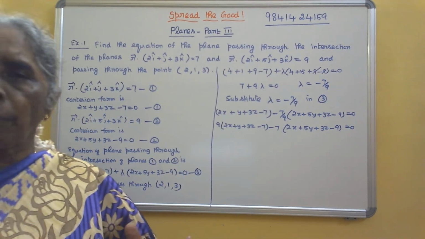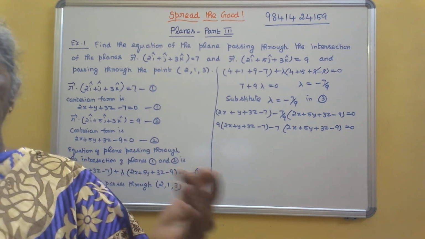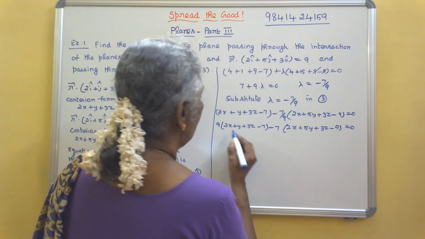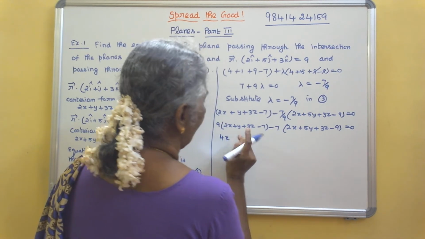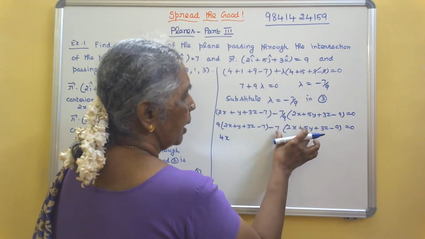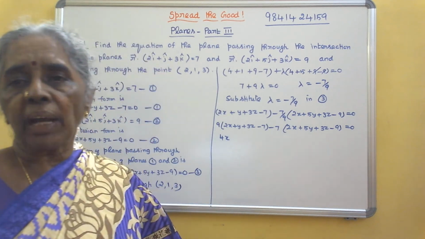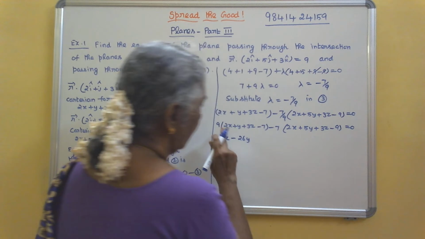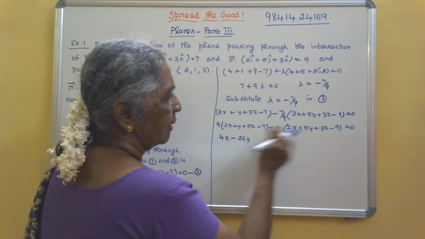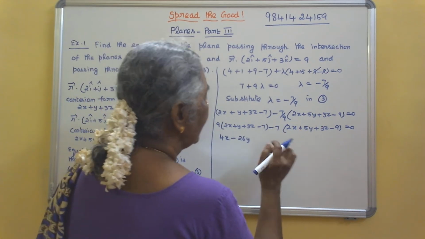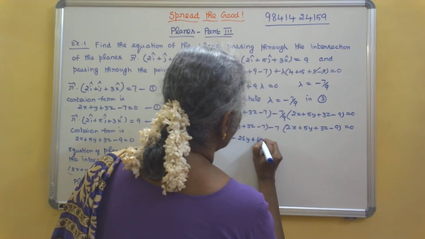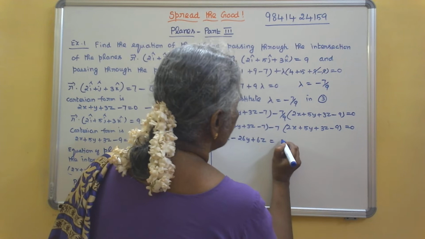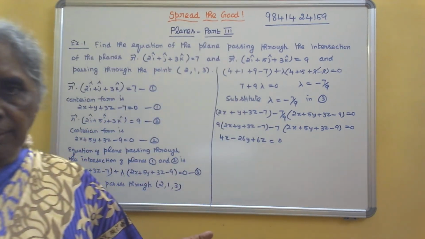Let us properly write the equation combining the x terms, y terms like that. So here 18x minus 14x, that will give you 4x. 9y minus 35y, so you will get minus 26y. Plus 27z minus 21z, so you will get 6z. Minus 63 plus 63, they will cancel each other.